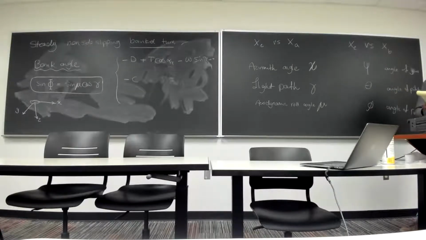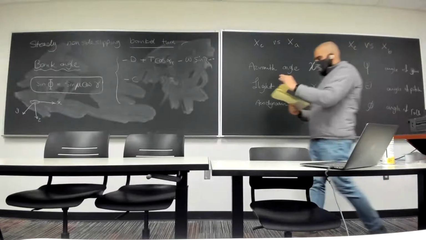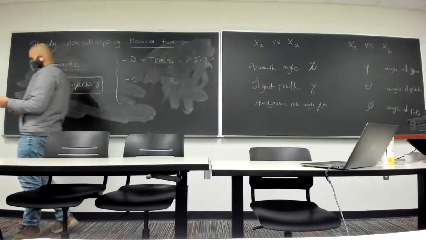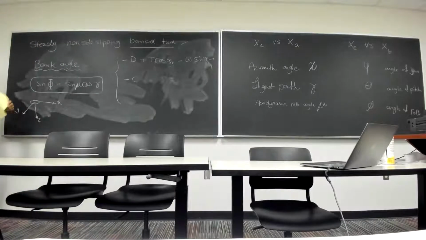But what did we have? What is sine of beta here? It is 0. So the only things we really have are weight and your centrifugal force here.